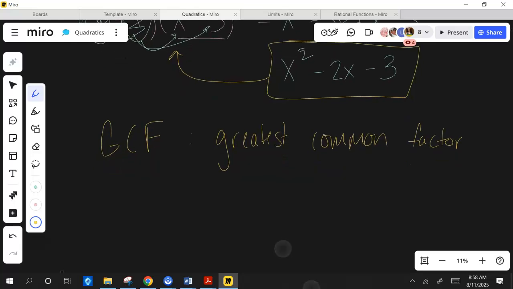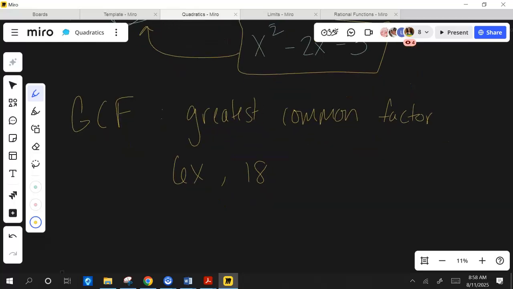So if I gave you 6x and 18, what is the GCF? 6, right? Biggest that I can divide them both by. So it's easy to start getting multiples and factors confused. Factors divide, multiples multiply. So here the GCF would be 6.